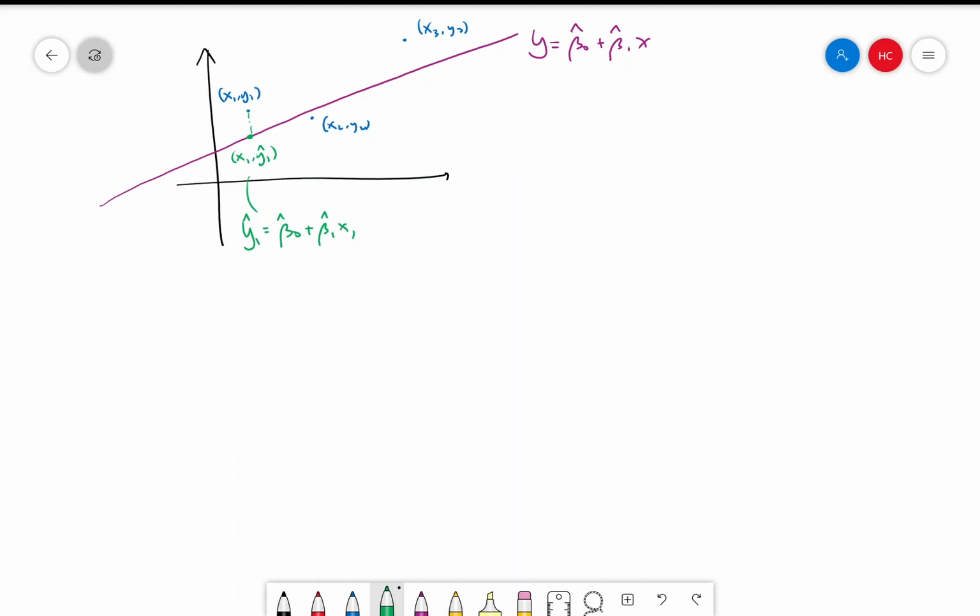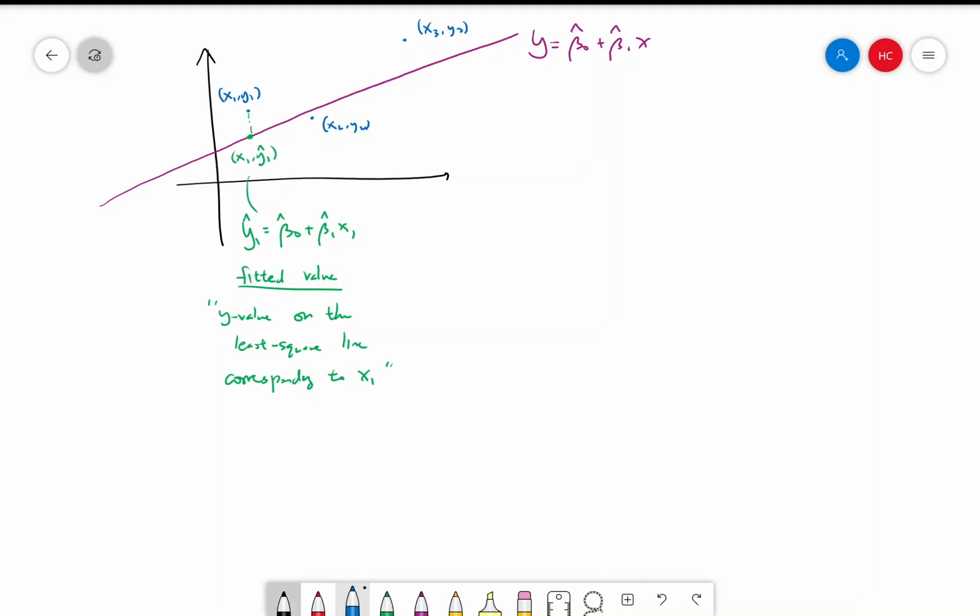This is called a fitted value, which means this is the y value on the least square line corresponding to x1. So y1 hat is equal to beta 0 hat plus beta 1 hat x1.